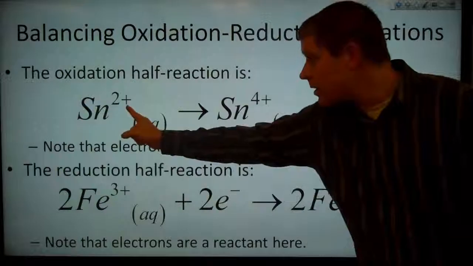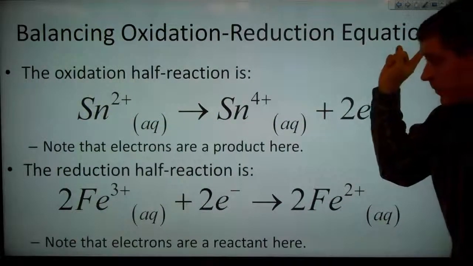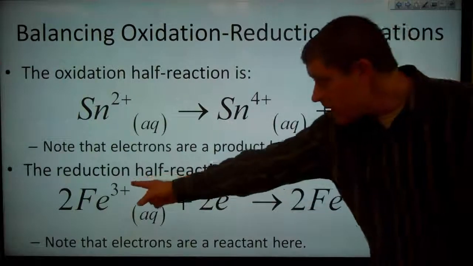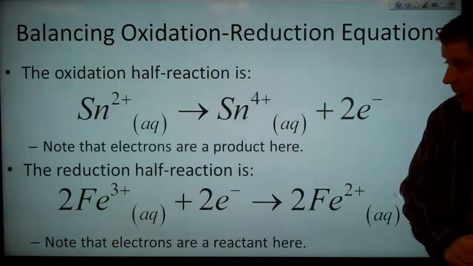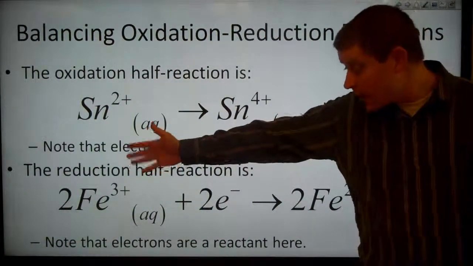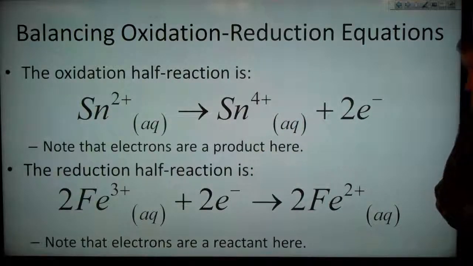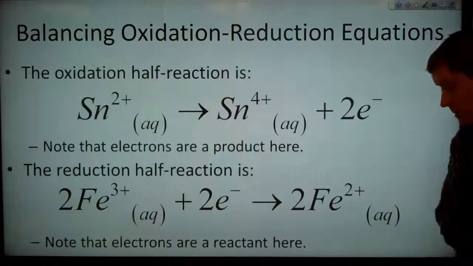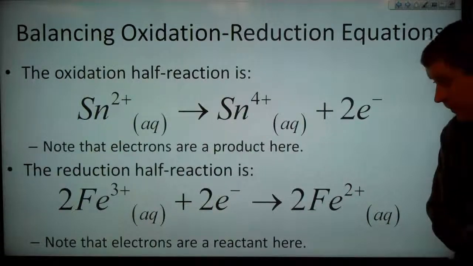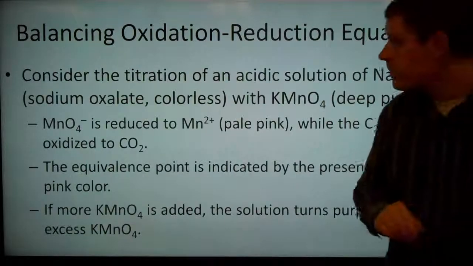This shows that 2 electrons have left the Sn2+ and they're going somewhere else. So the electrons are acting as a product. In our reduction half reaction, 2 Fe3+ ions react with 2 electrons to give us 2 Fe2+ ions. And again, note that the electrons are acting as a reactant.